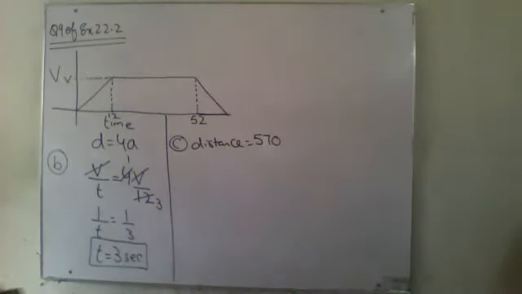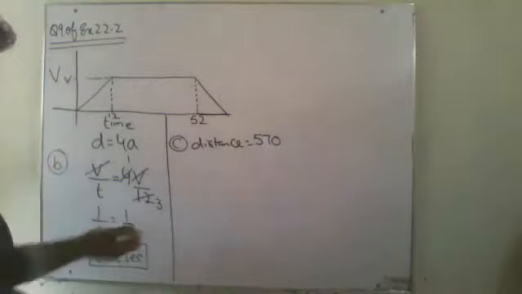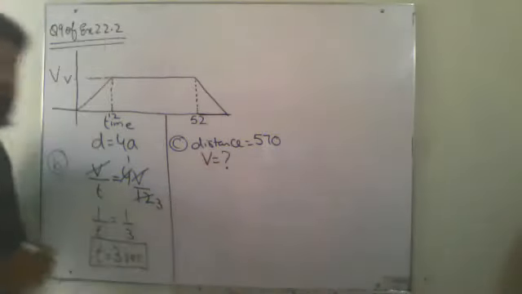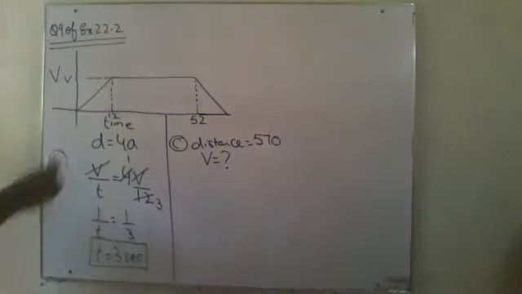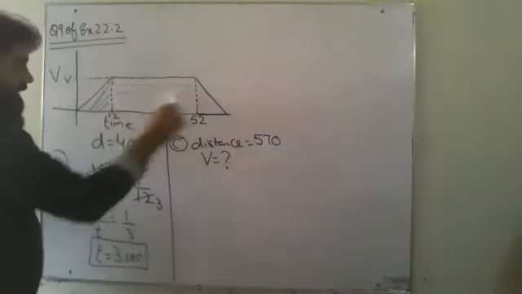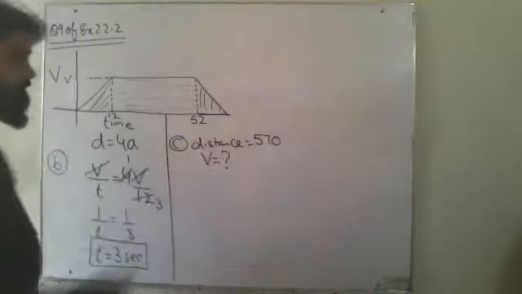So this whole thing is 570, and I have to find what V is. How will I start? I will take this area, this area, and this one.